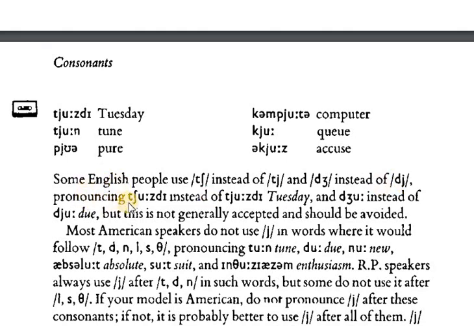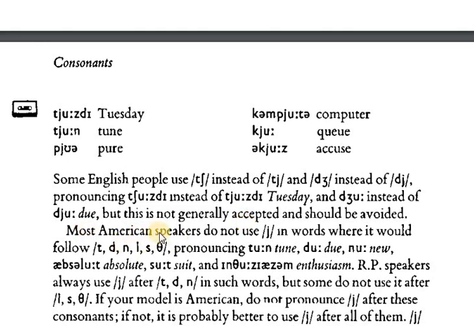For example, the word Tuesday would be pronounced like Chooseday, and do like joo. This is not generally accepted and should be avoided, but sometimes you are going to hear such pronunciation by some English speakers.